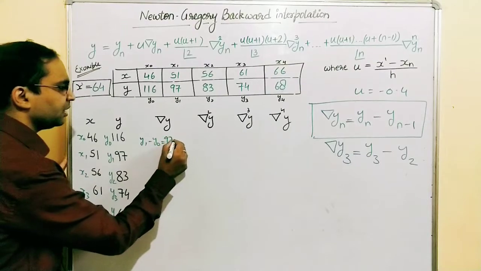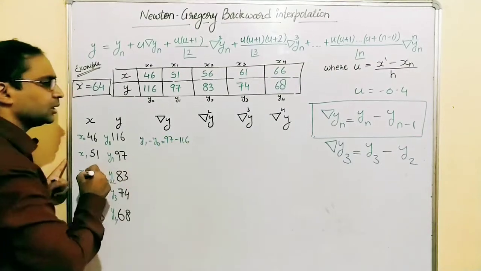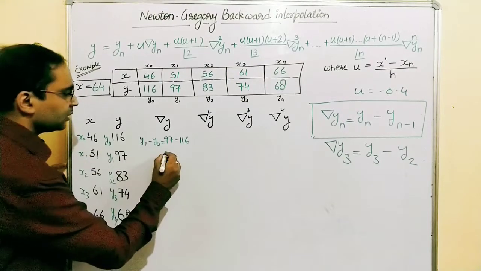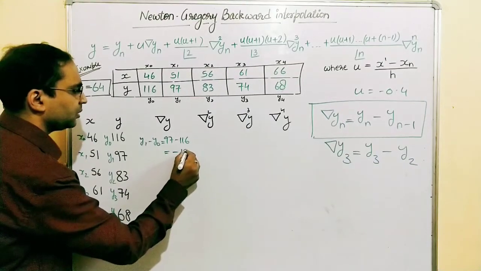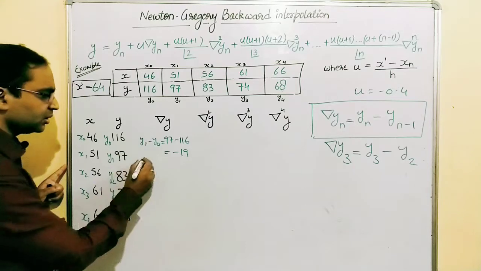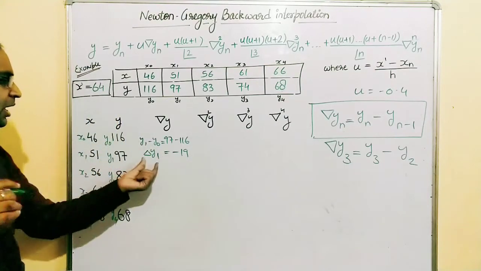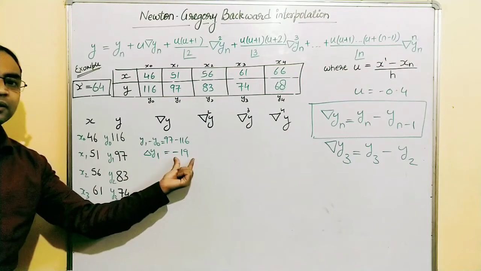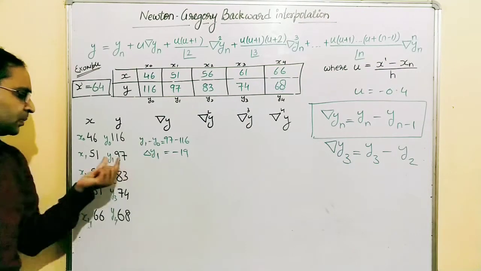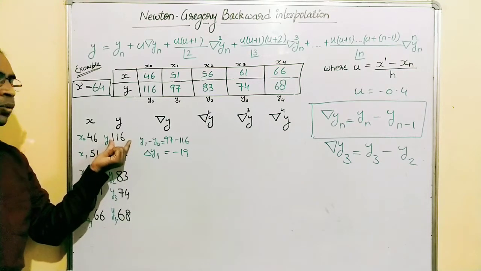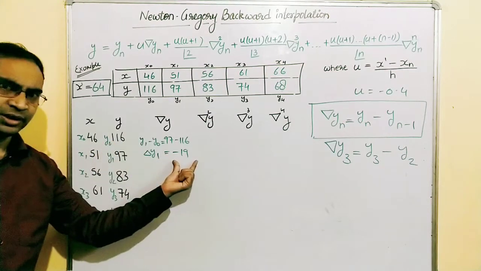This is 97 minus 116. This is coming minus 19. And what is this? This is del y1. So we have del y1 is equal to minus 19. How we have evaluated this? This is current minus previous, that is 97 minus 116. This is minus 19.